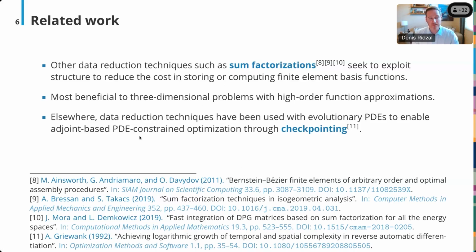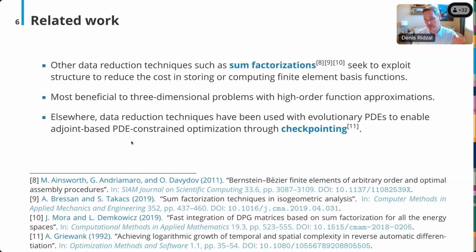Somewhat tangentially related to this are data reduction techniques in PDE-constrained optimization, which is where I come from, where people have constructed adjoint-based techniques through checkpointing the state for evolutionary PDEs.